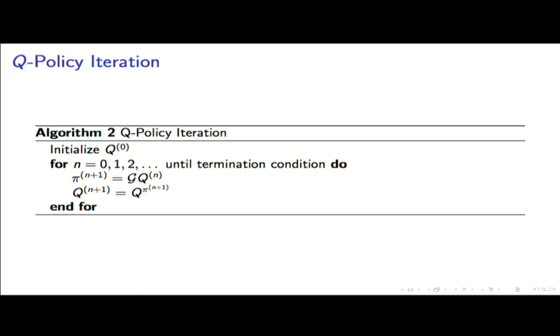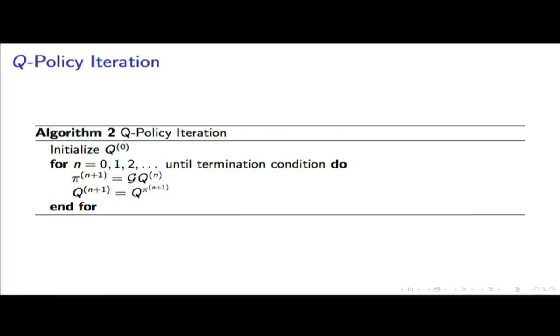And we can also write a policy iteration algorithm that involves Q functions, where in each iteration, first we compute the greedy policy, which just means we take the argmax of the current Q function. Remember that the G operator just means that you take the argmax over actions of the Q function at each state.